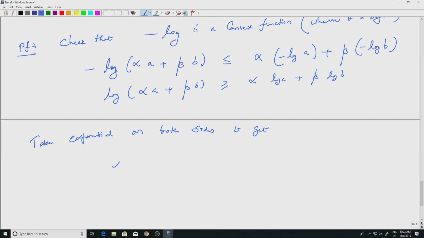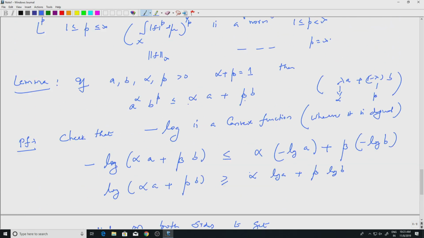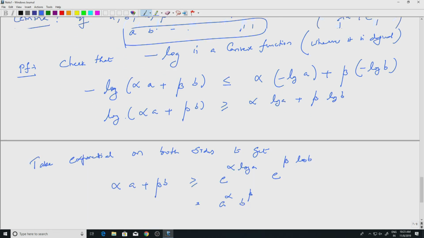On the left hand side you get alpha times a plus beta times b, which is greater than or equal to e to the alpha log a times e to the beta log b, right, which is the same as a to the alpha and b to the beta. That is the inequality we wanted to prove, right. We wanted to prove this one, and that is what we have done here.